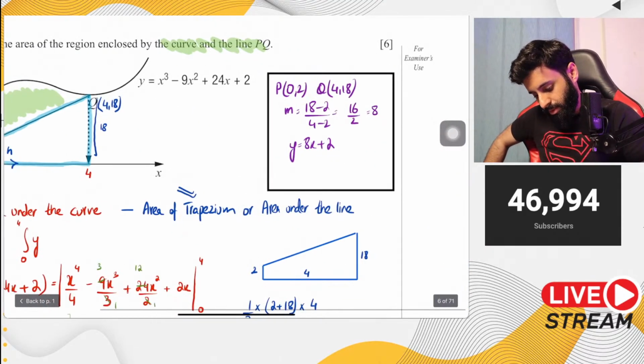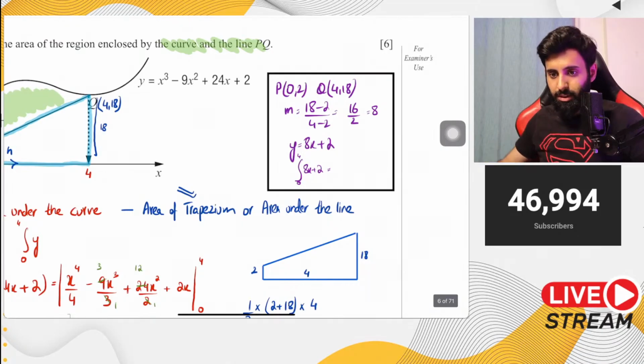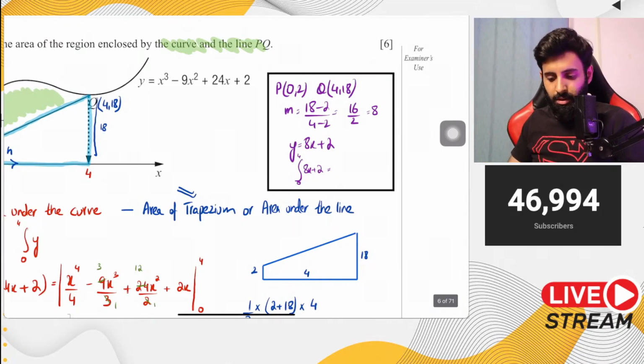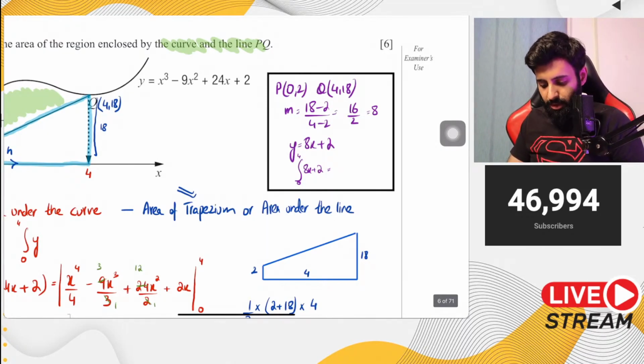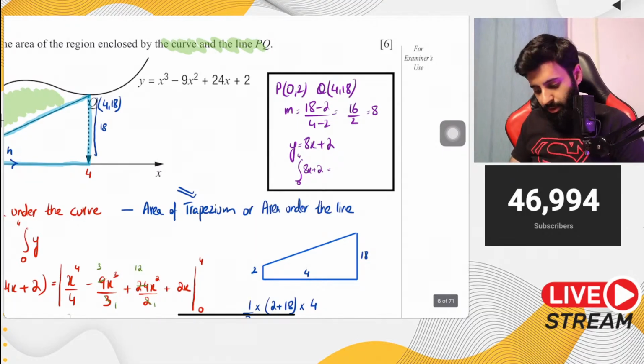Okay, so integrate 4x plus 2. This part I would encourage that you do yourself within the limits 0 and 4. So you should get the same answer. Let me show you over here. Yep, you get the... No, wait a minute.